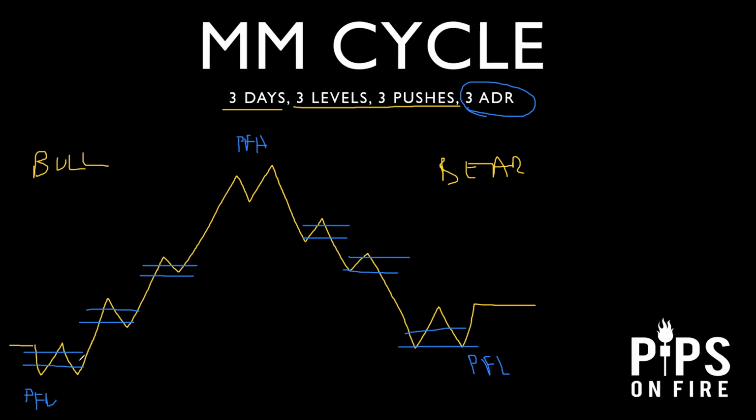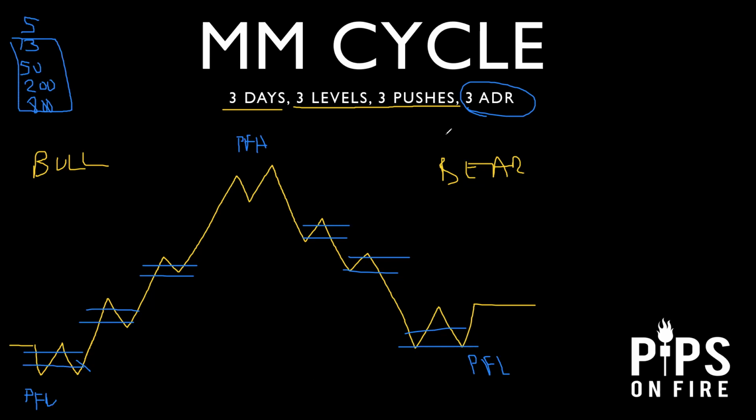Okay, so for this strategy, we use 5 EMAs, right? So there's the 5, there's the 13, there's the 50, there's the 200, and then there is the 800. Now, oftentimes I just use these 4 here, okay? So we said 3 levels, 3 pushes, 3 ADRs.